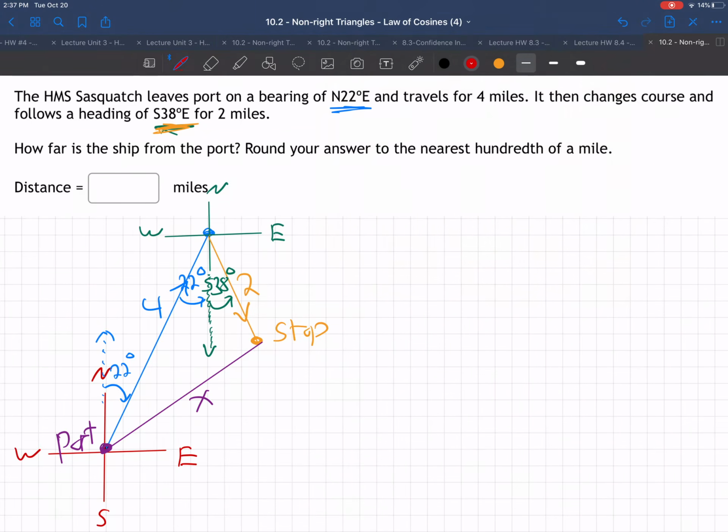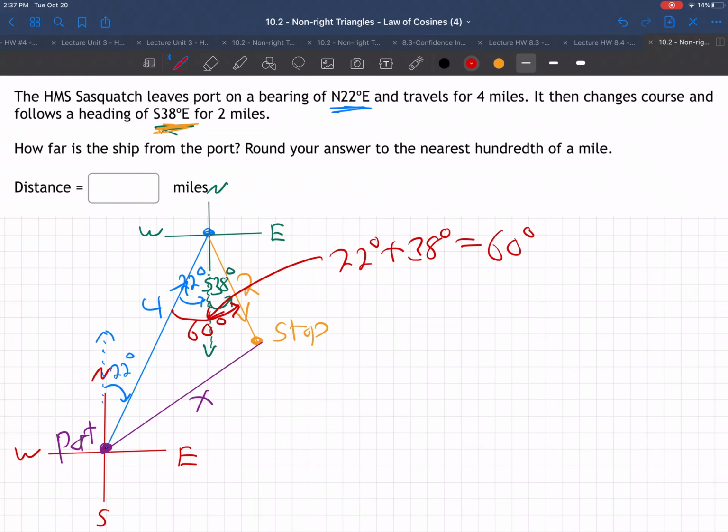Therefore, the entire angle from there to there is 22 plus 38, which is, what's that? 60 degrees. Right, that came from 22 degrees plus 38 degrees, which is 60 degrees. So that's the entire angle right there, it's got to be 60 degrees. So that's what we can do.